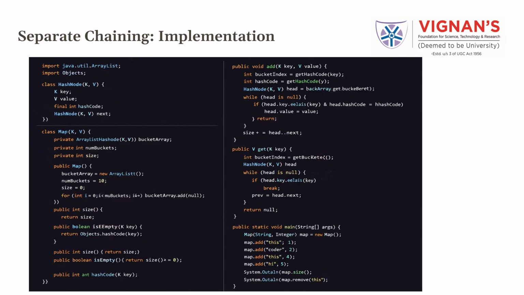If the bucket already contains nodes, the algorithm traverses the linked list and appends the new node at the end. This ensures that existing data is preserved and collisions are handled safely. Searching and deletion follow a similar approach by operating only within the linked list at the computed index.